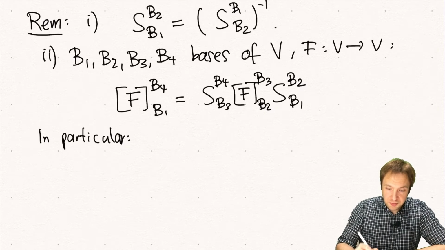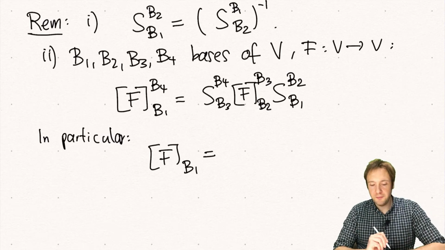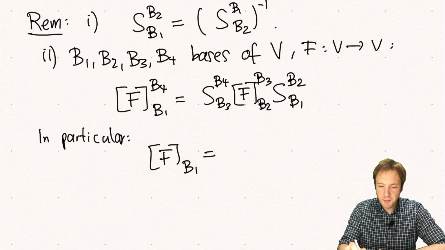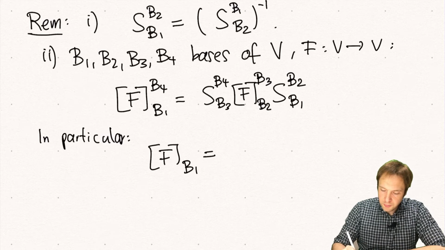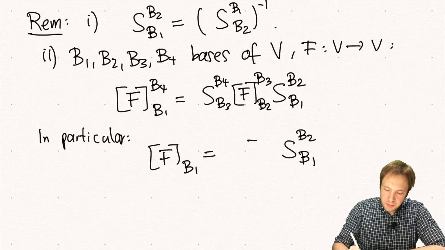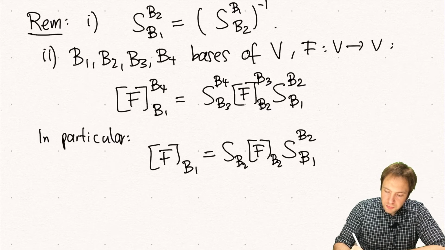So in general we will just have B1 and B2, and if I take the matrix of F with respect to basis B1, remember this just means that B4 equals B1, so this is just the notation that these 2 bases are the same. Then I can change from B1 to B2, consider the matrix of F with respect to basis B2, and then go back from B2 to B1.